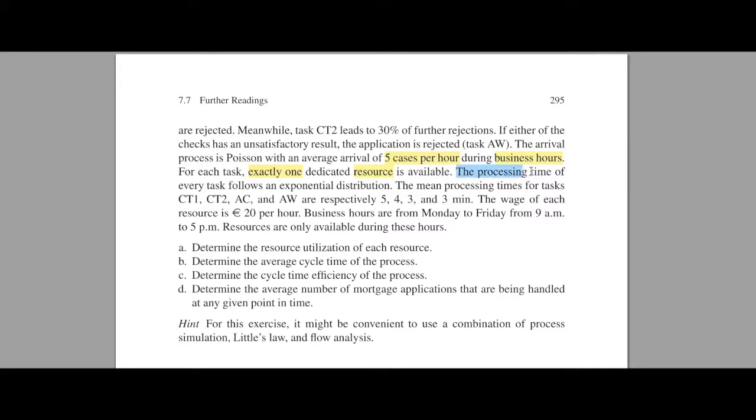The processing time of every task follows an exponential distribution. The mean processing times for tasks CT1, CT2, AC, and AW are respectively 5, 4, 3, and 3 minutes. So 5 cases per hour, processing time 5, 4, 3, and 3 minutes respectively for each task.